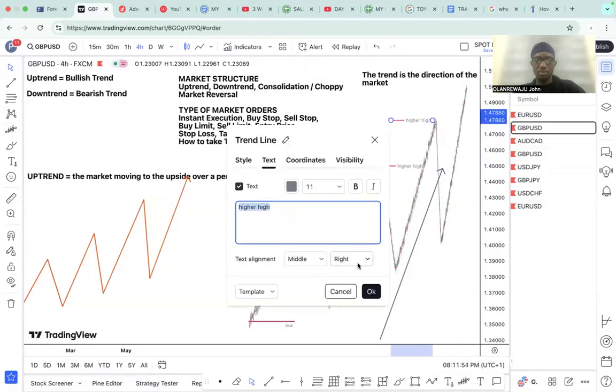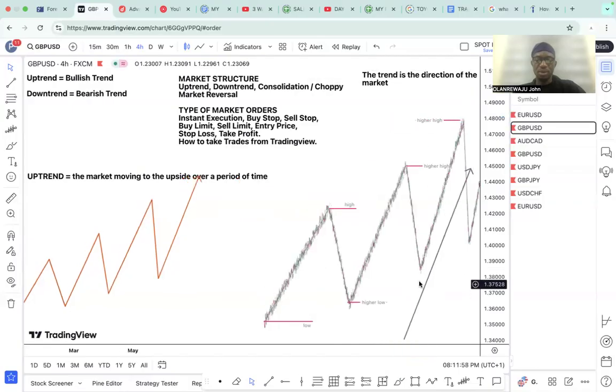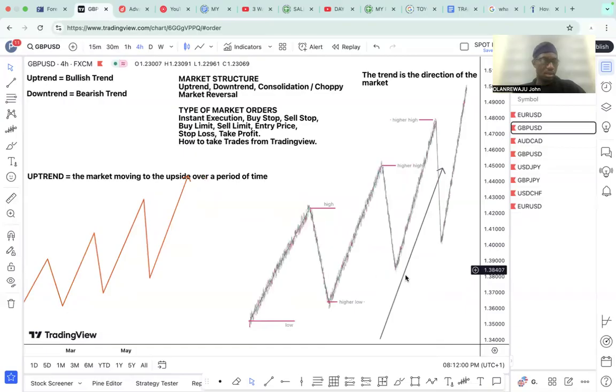Let me change the position of that to the left. So that becomes our new higher high.